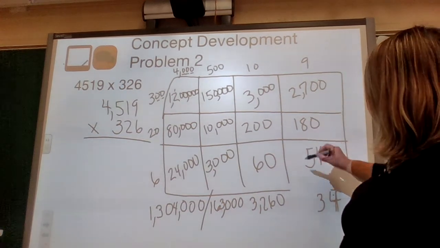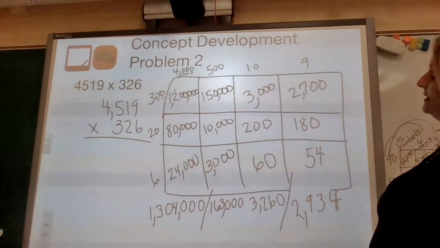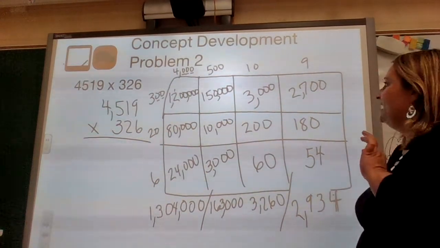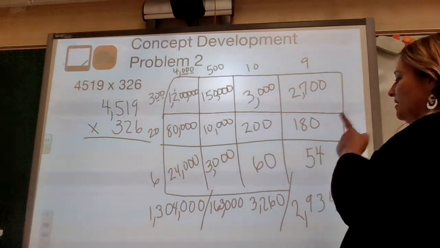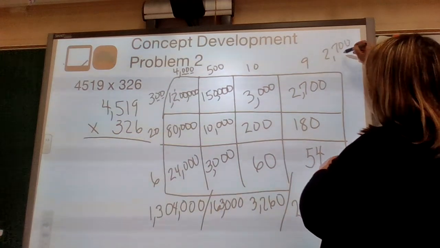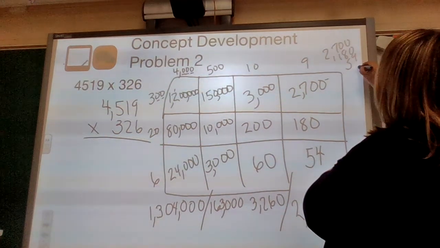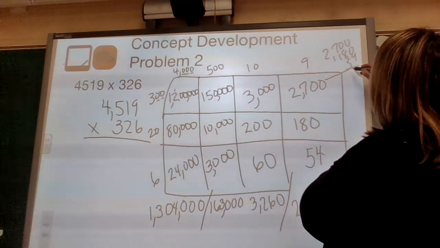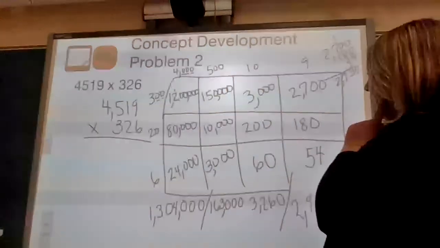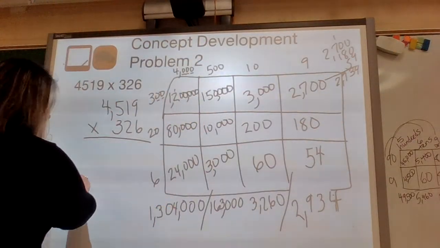And then I'm going to have 7, 8, 9. And I hope I did that correctly. Now I need to go in and find my sum. Sum is the answer when you add. So I'm going to go in and add all of these. Let me double check this to make sure I have this correct. Yes, I do. Okay, let's go in and add all of our products.